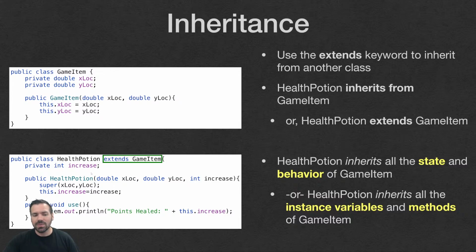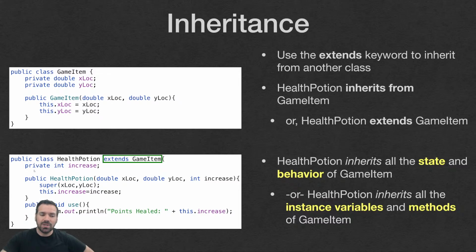This is almost exactly as if you copied all of the code inside the game item class and pasted it inside the health potion class. There are quite a few nuances. It's a little bit different than that, but for the most part, that is what we're doing. We're taking all the state and behavior of game item and stuffing it into the health potion class.